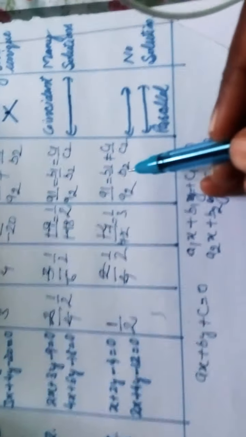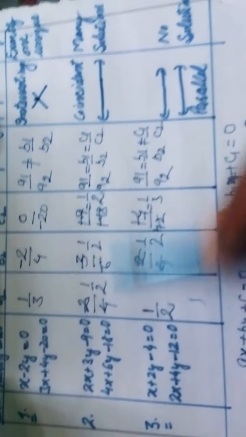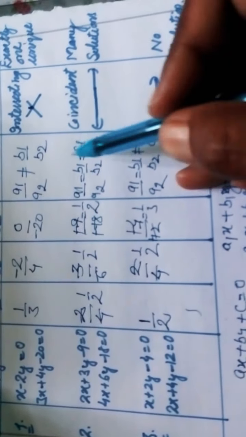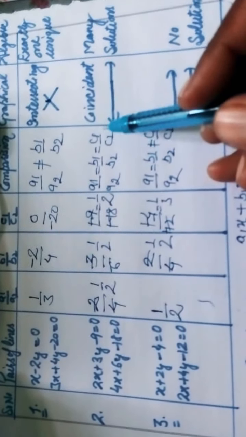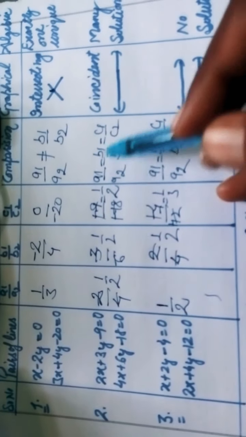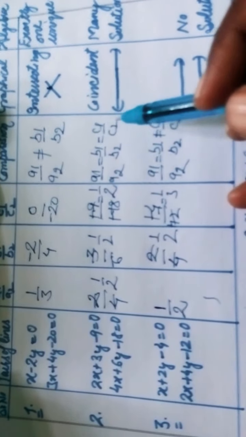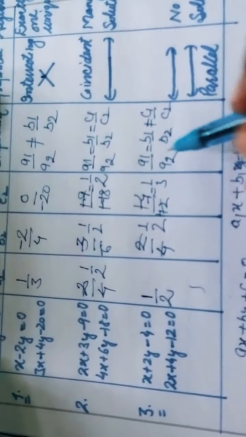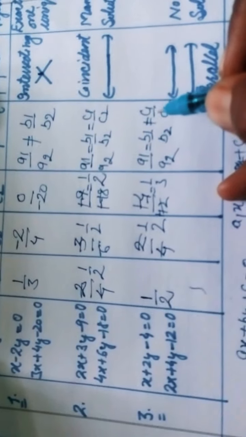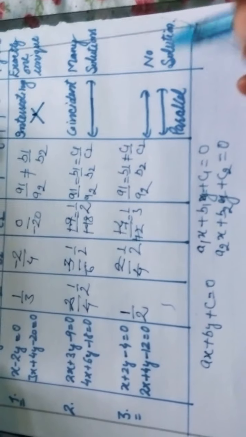And what is the condition according to the ratio of their coefficients? It is similar to the previous one, but what is the difference between coincident lines and parallel lines? When there are many solutions, the ratio of the coefficients of x, y and the constant term will all be equal. But here the ratio of the coefficients will be equal, but the ratio of the constant term will not be equal. So this has no solution.